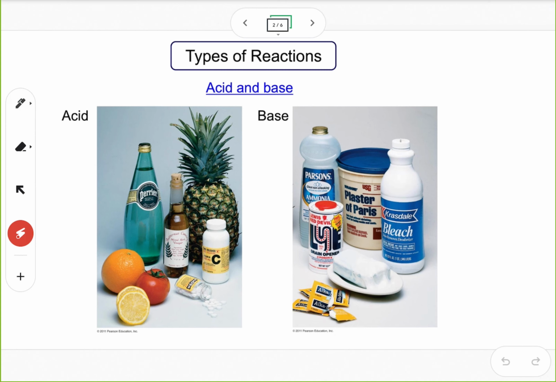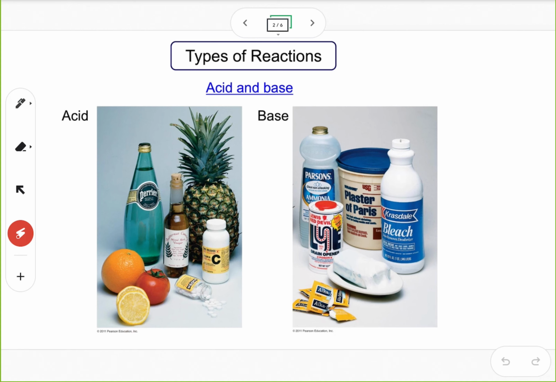Well, acid and base, these are very common chemicals in our daily life. This picture shows you some common fruits and liquids that can be classified as acids, like citric acid in oranges. They are mild and give you the sour taste.